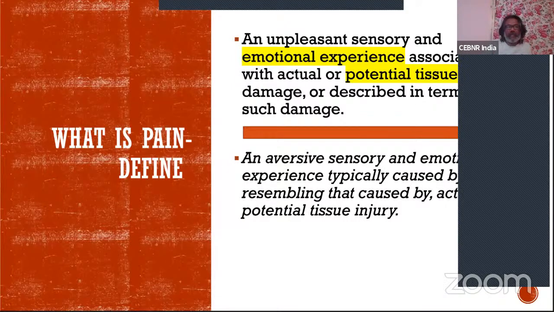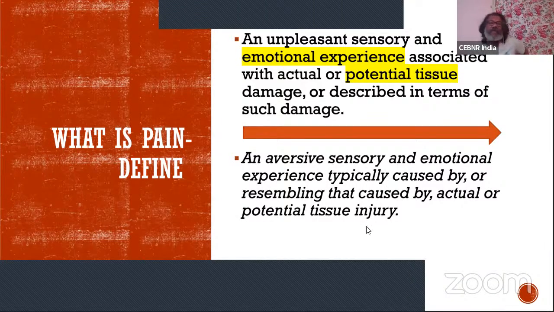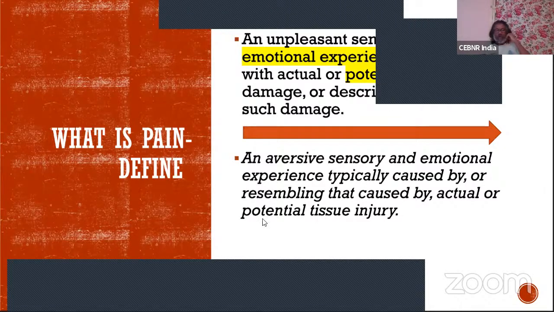This is a fairly simple definition. This is the older one. This is the newer one. Slightly different, but there are certain things which you have to be very aware of, right? What it means is that the first thing you want to be aware of is that it's a sensory as well as an emotional experience, right?